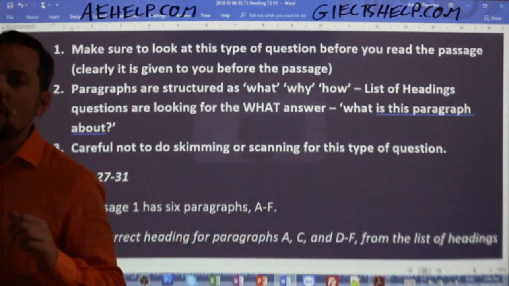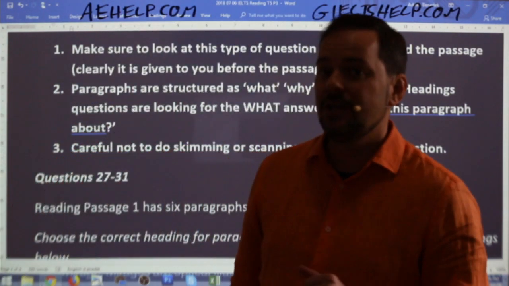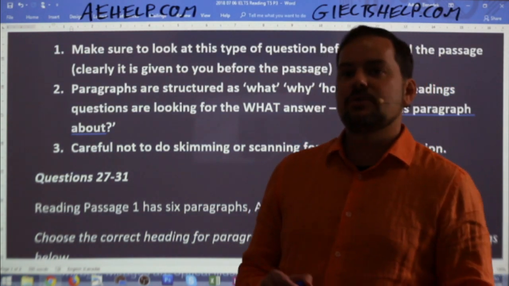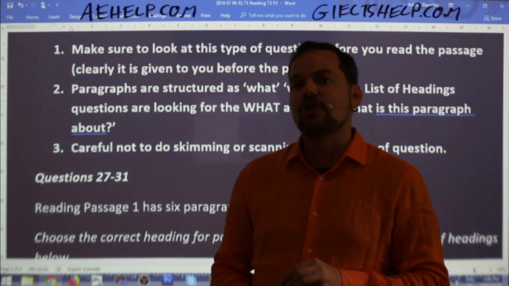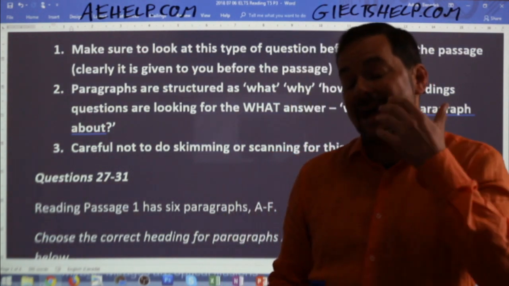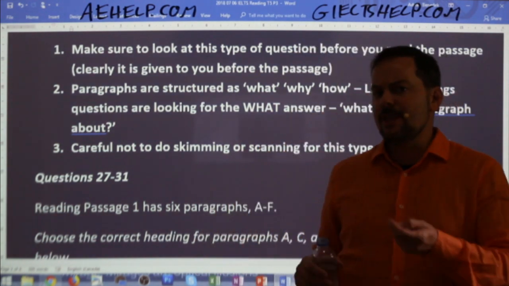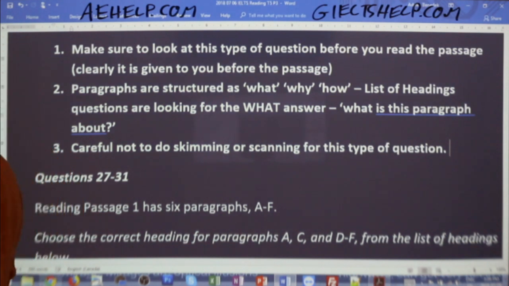And this is where a lot of students get lost, because I know a lot of students out there learn this bad strategy and they get really frustrated and they get a lot of wrong answers. So why is it a really bad idea to try to skim or scan for list of headings? There's actually two reasons, okay? You'll see that one actually becomes a strategy.